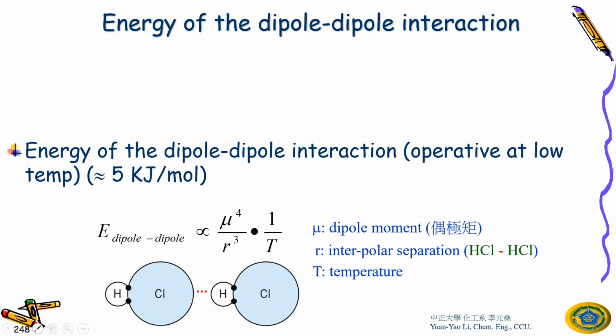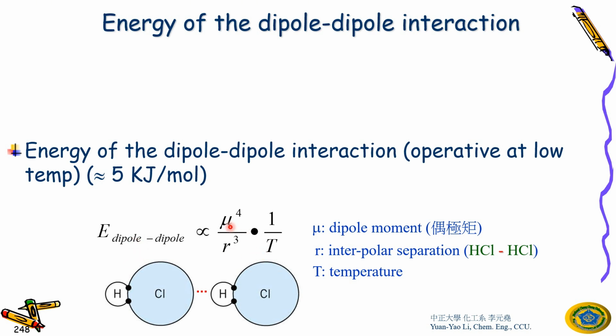Okay, so the energy is proportional to mu to the power 4 divided by R to the power 3, times the reciprocal of the temperature. So again, you know that the temperature is against the energy. If the temperature is high, the energy will be low.